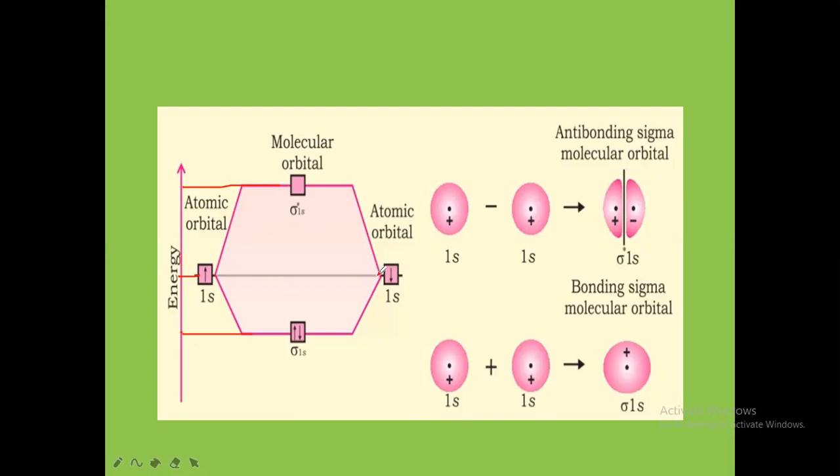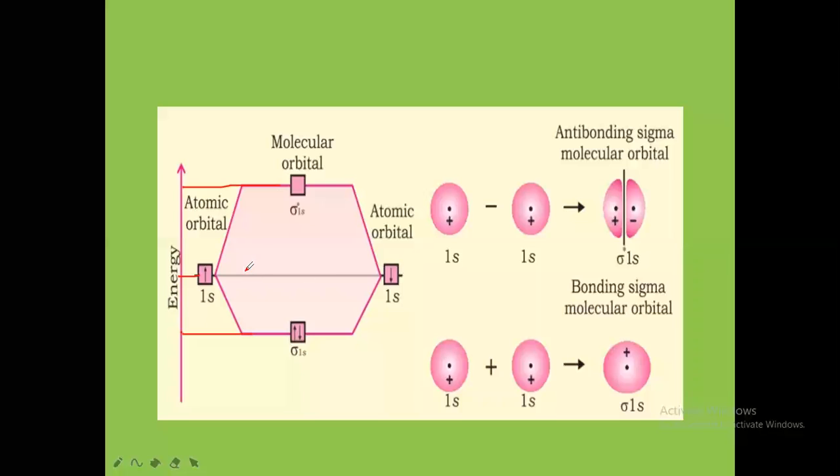So because of repulsion, the increase in the energy will be greater than what? The decrease in energy. Remember, the increase in energy during formation of ABMO will be greater than the decrease in energy in the formation of BMO. That point keep in mind.